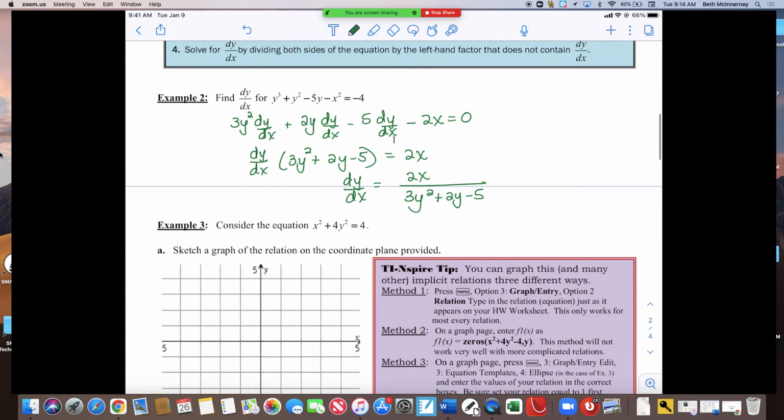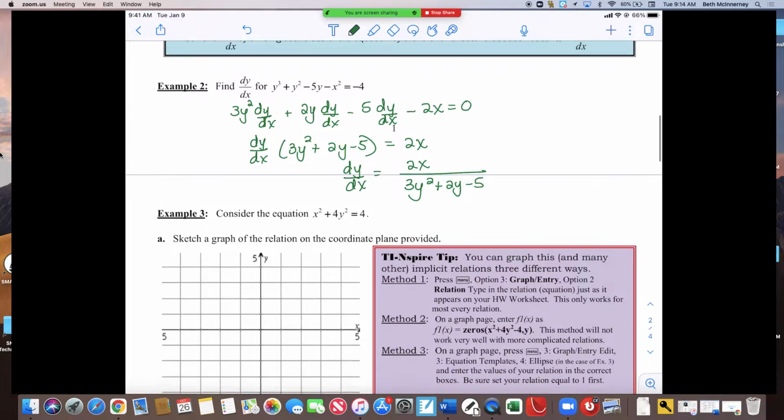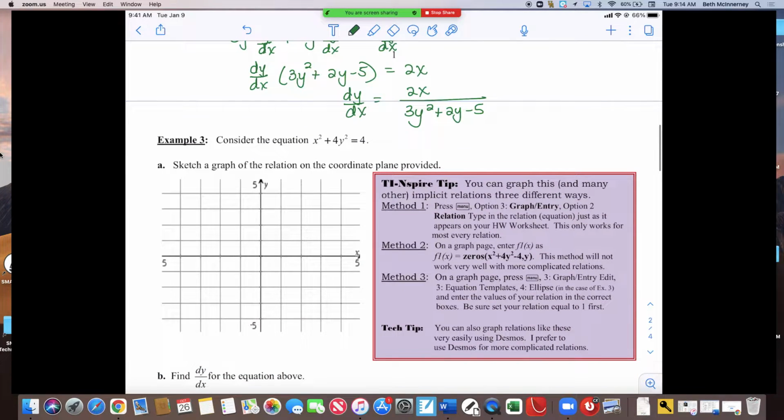So let's look at example 3. It says, consider the equation x squared plus 4y squared equals 4. It says, sketch a graph of the relation on the coordinate plane provided. So if you have your graphing calculators, I gave you some steps here.